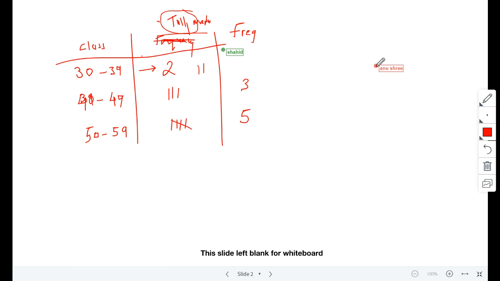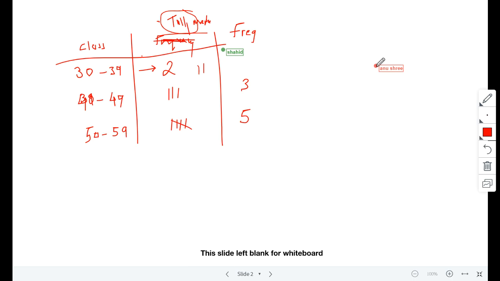For the next one, if I do it myself, it says class intervals of size 5. So I put class intervals of size 5, then tally marks, and then the frequency.